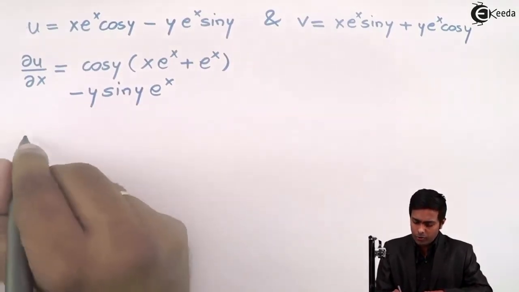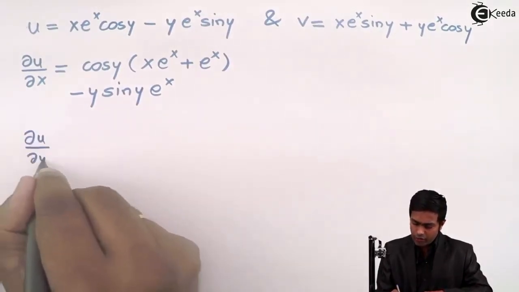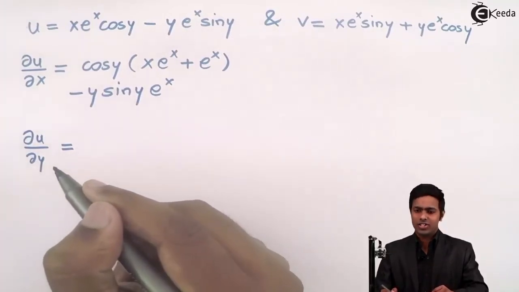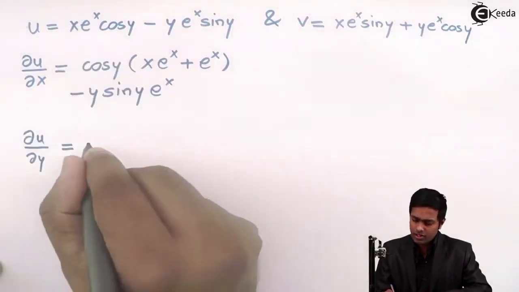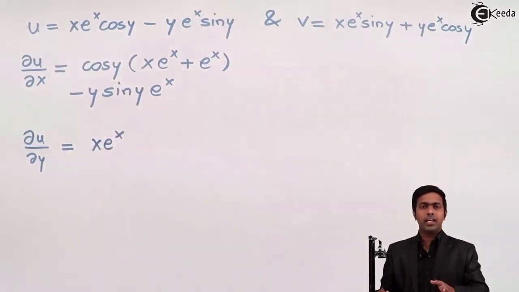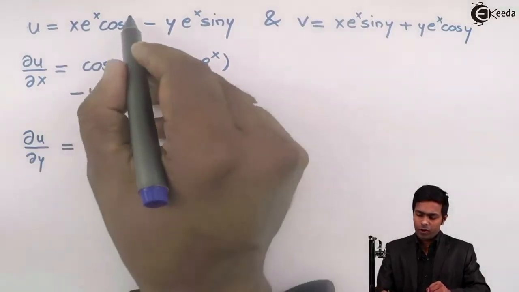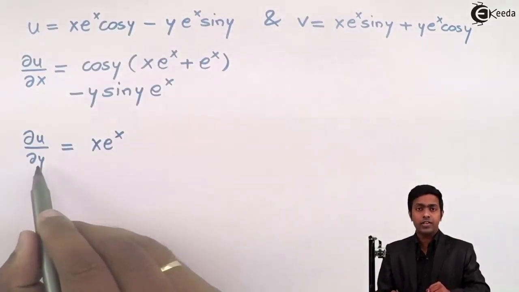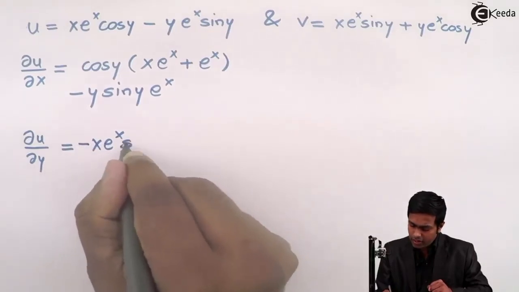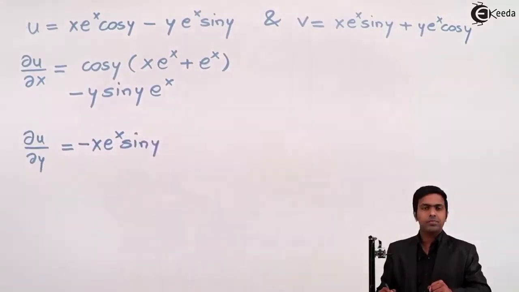Now what is dou u by dou y? Here we have to differentiate u with respect to y partially by treating x as constant. So x e raised to x, both are constant, as these are functions of x. Now for cos y, if I differentiate it with respect to y, we will get minus sin y. So minus here and sin y.